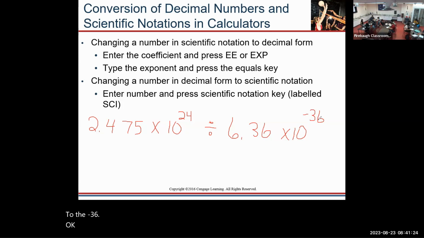Okay? So first, I want you to write it out on your paper in calculator language. And then I want you to enter it in your calculator and give me your answer.